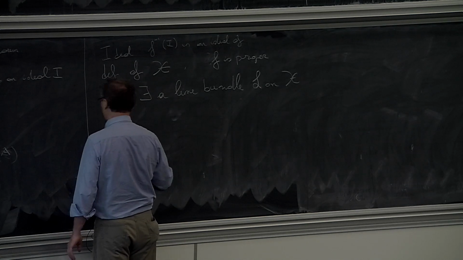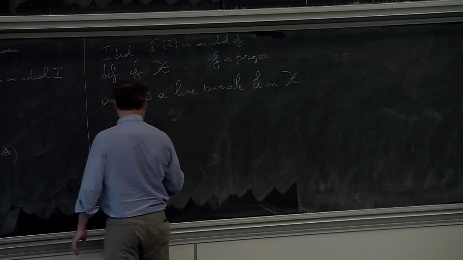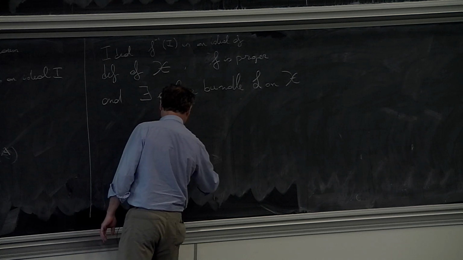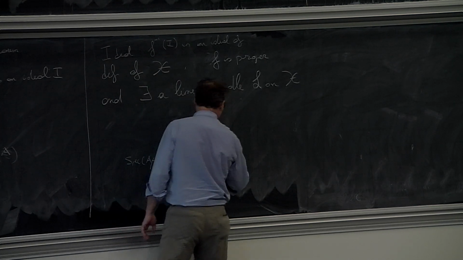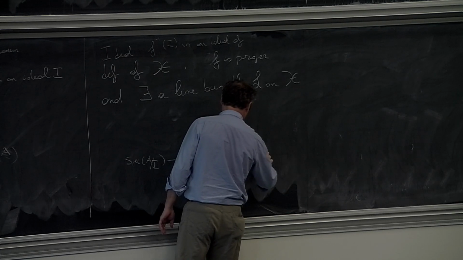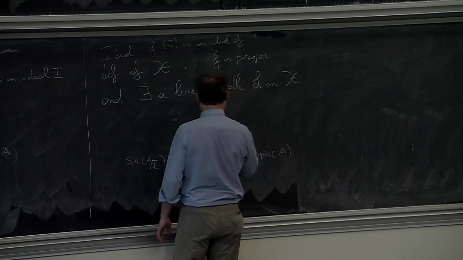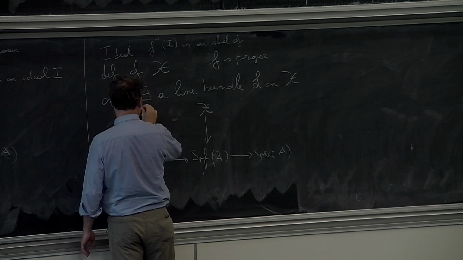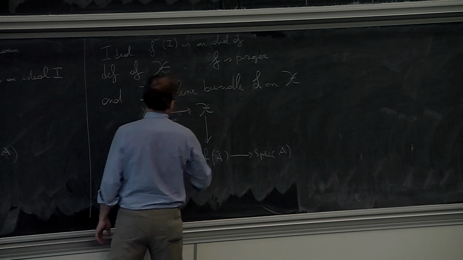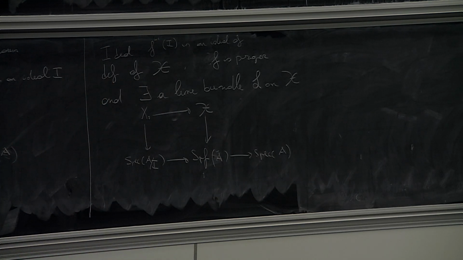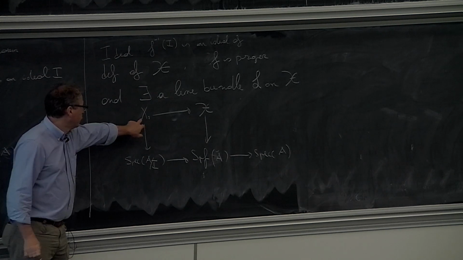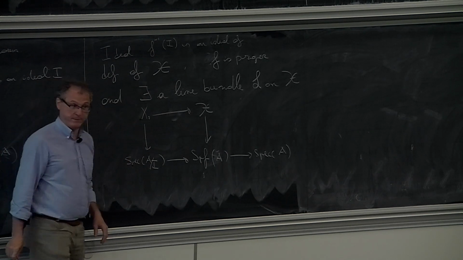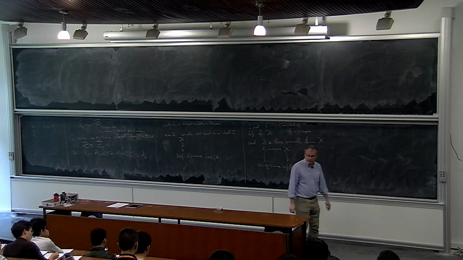So I recall that I have this following diagram, and this is the support of my formal scheme, the underlying topological space, which is a scheme.